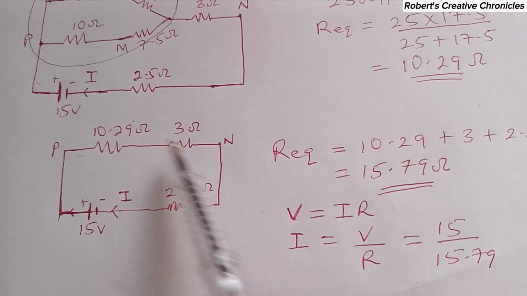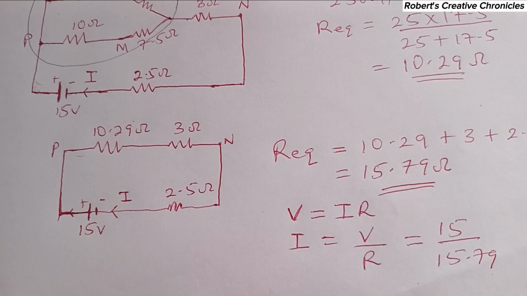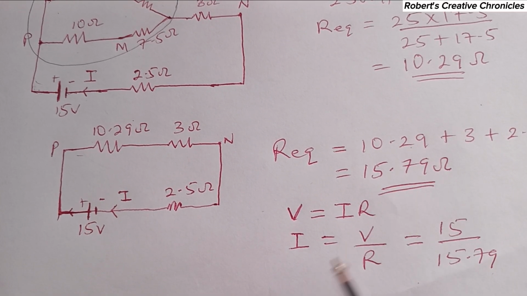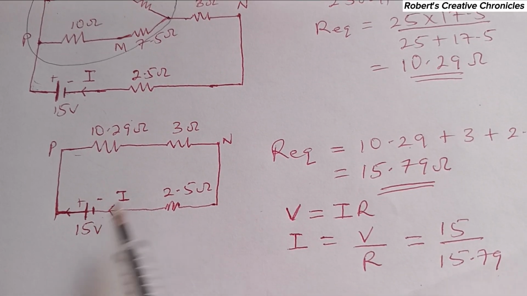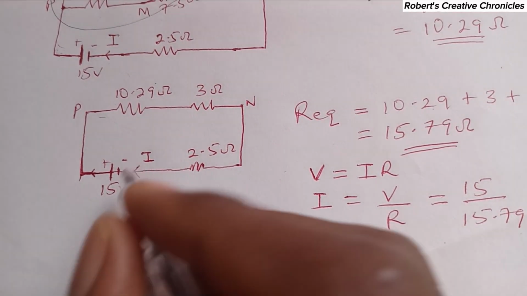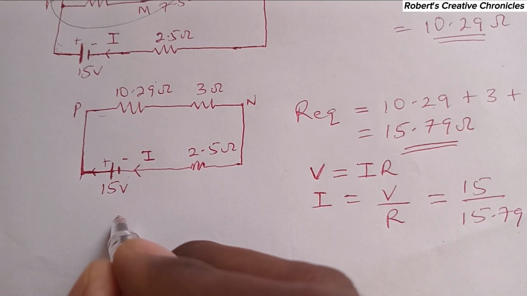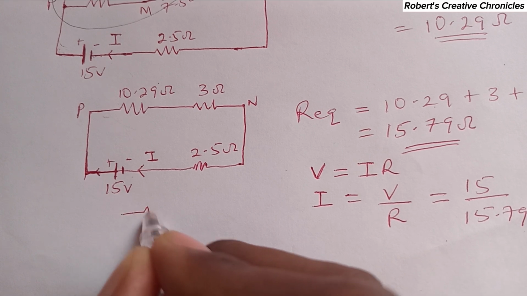The voltage in this circuit is 15 volts divided by 15.79 ohms, the equivalent resistance of this whole circuit. So it will be only one voltage connected in series with only one resistance, something like this.